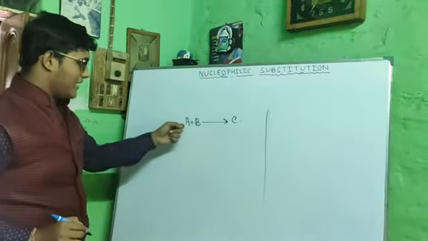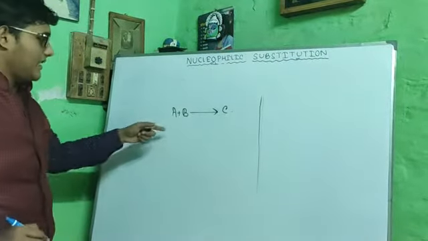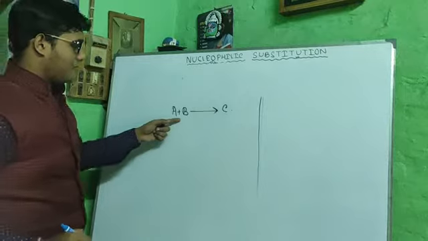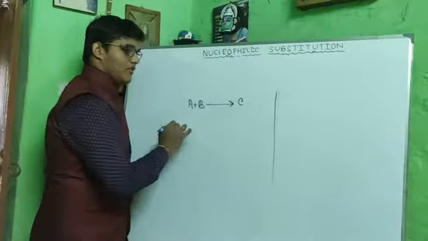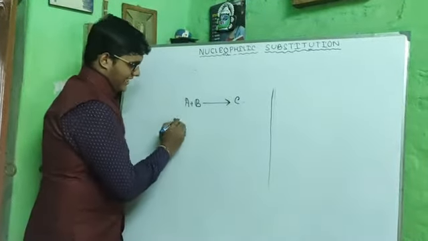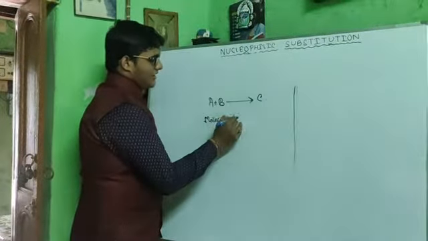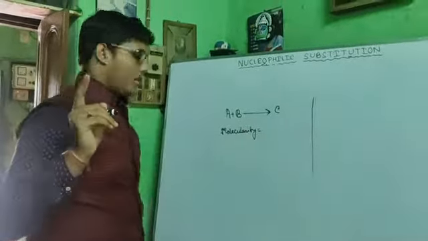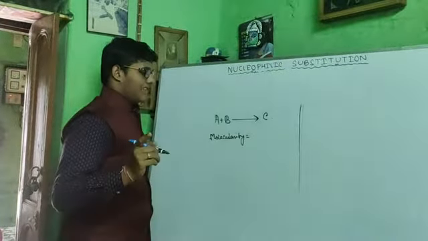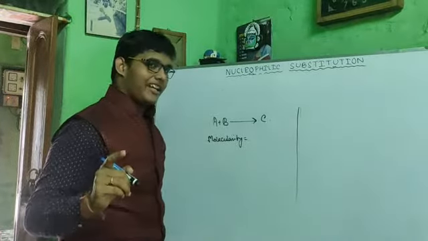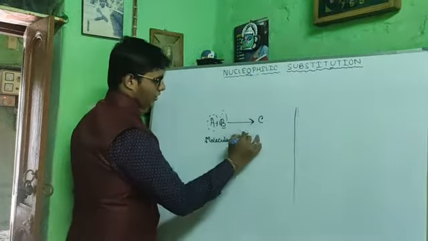For example, A plus B gives C. If it is an elementary reaction, A and B combine to form C in a single step, with no other steps in the reaction. In this reaction, molecularity is 2. Molecularity is the number of atoms or compounds taking part in the reaction as reactants. There are two reactants, so the molecularity will be 2.